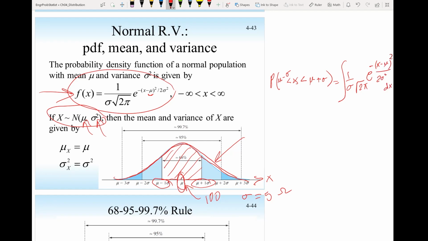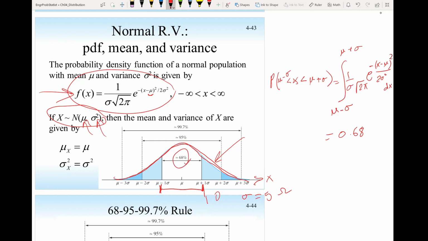And the integral will be from mu minus sigma from here to here, mu plus sigma. And if you evaluate this integral, you will get 0.68. You will get this value.